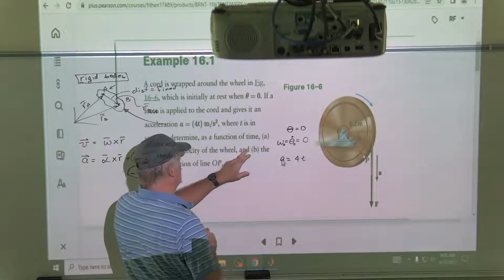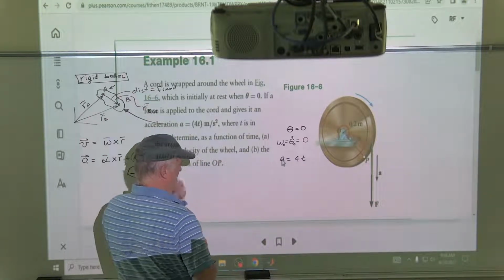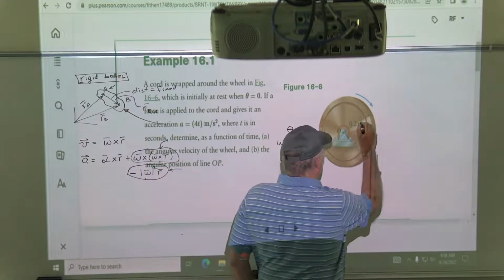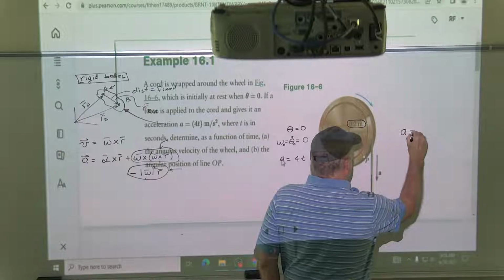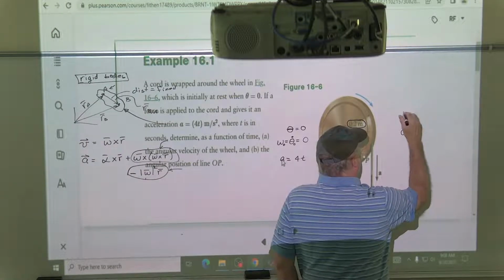We'll just do A, and we'll look at whether we want to do B in a minute. So this wheel is this far out, so let's step back one.